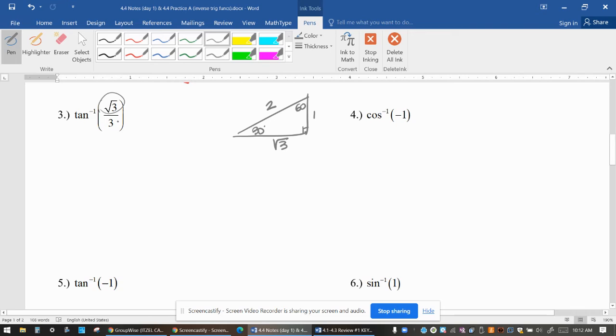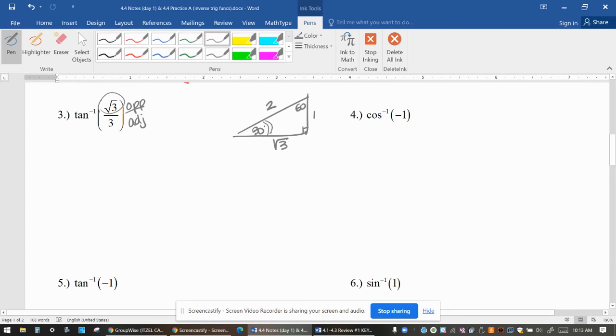What angle, 30 or 60, would give me a tangent of root 3 over 3? Well, let's try 60. Tangent is opposite over adjacent, right? If I use the 60 as my reference angle, opposite over adjacent would give me root 3 over 1. That's not what I want. So then we know that it can't be 60.